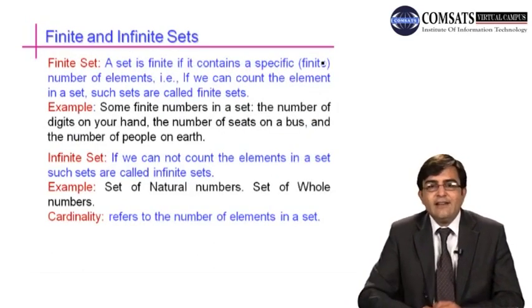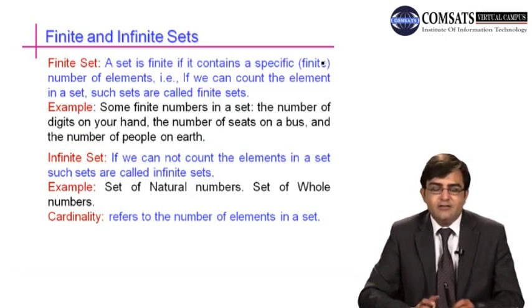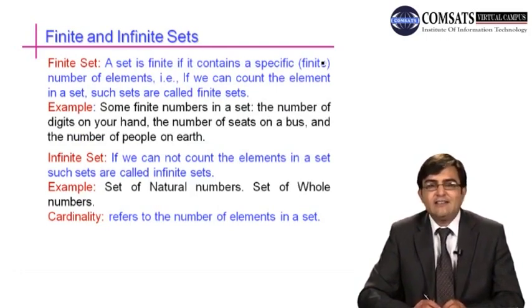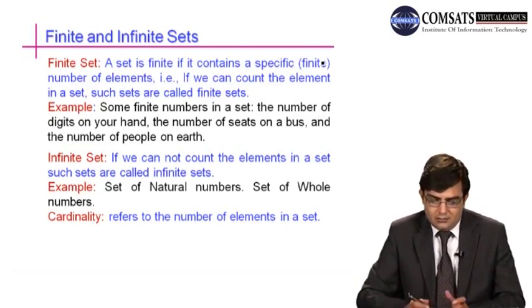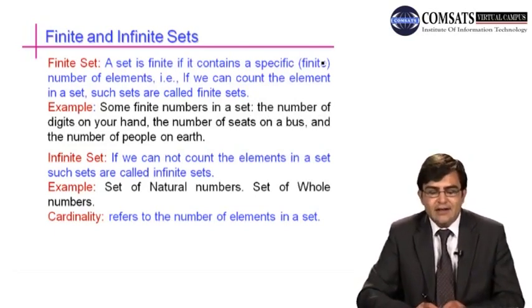Now the finite and infinite sets. As you can guess by the name, a set which contains finitely many elements is called a finite set, and a set which contains infinitely many elements is called an infinite set.